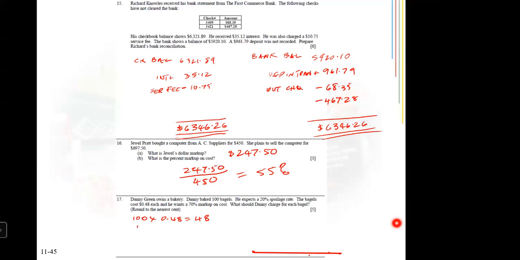So you find 0.7 times 48. And I think that gives you 3160. Sorry, 3160? No. Let me double check that. 0.7 times 48, 3360.